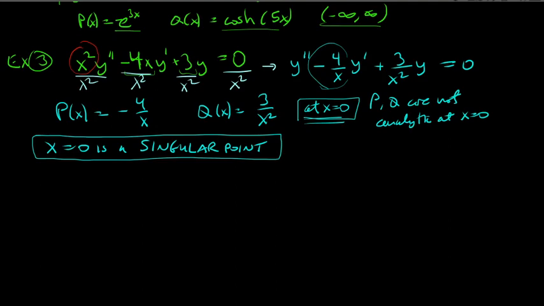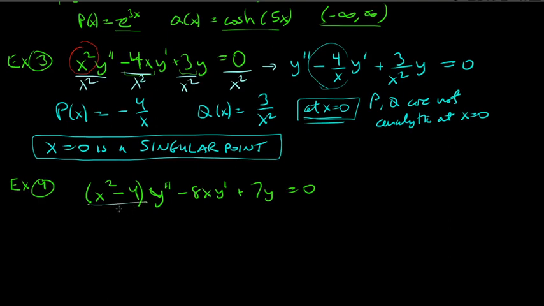Okay, so that's what could go wrong. Let's do one more quick one so that we can see what else can go wrong here. So example 4, suppose we have, let's say, x squared minus 4 times y double prime minus 8x y prime plus 7y equals 0. So same issue here.